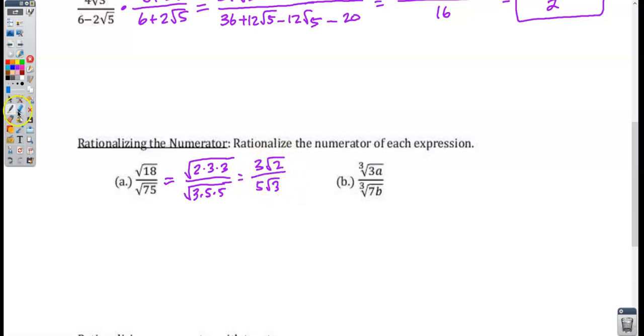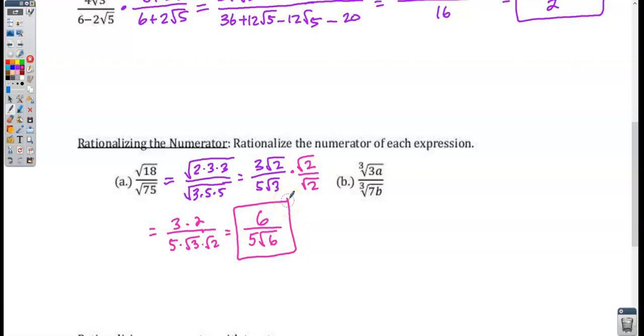Now if I want to rationalize the numerator, I want to get rid of the square root of 2 in the numerator. So I'm going to multiply the numerator by the square root of 2, and then multiply the denominator by the square root of 2 as well. That gives me 3 times 2 in the numerator, and 5 times the square root of 3 times the square root of 2 in the denominator, and that all simplifies to 6 over 5 root 6. And I've got a rational numerator when I did not have a rational numerator to begin with.